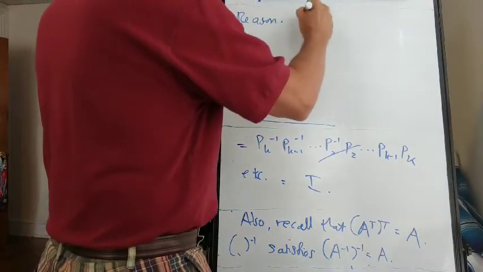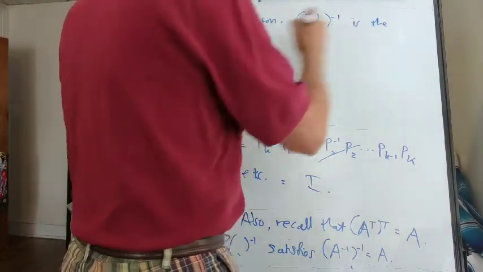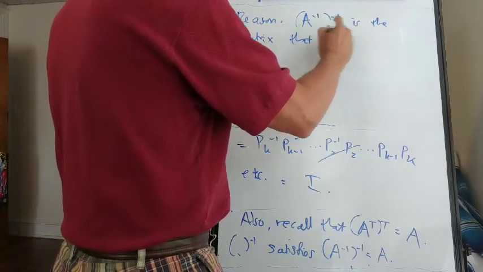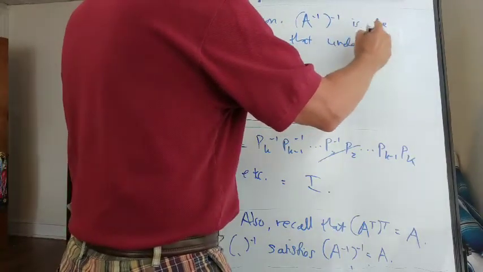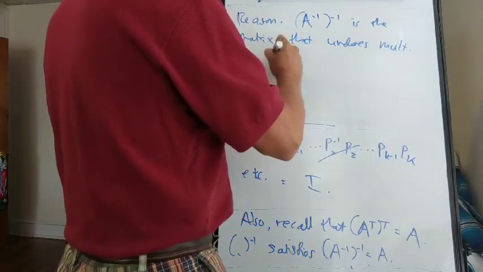And the reason is that A inverse inverse is the matrix that undoes multiplication by A inverse.